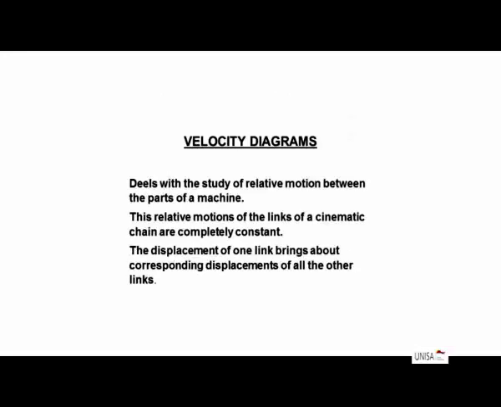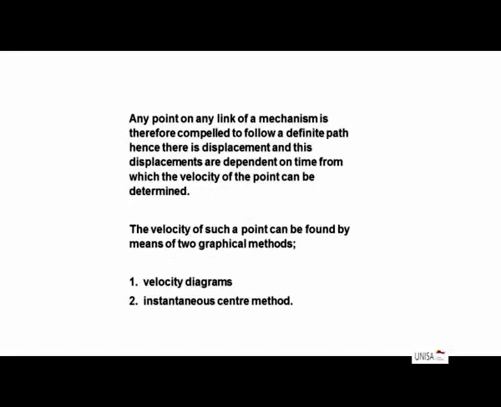This deals with the study of relative motion between the parts of a machine. These relative motions of the links of a kinematic chain are completely constrained. The displacement of one link brings about corresponding displacements of all the other links. Any point on any link of a mechanism is therefore compelled to follow a definite path.